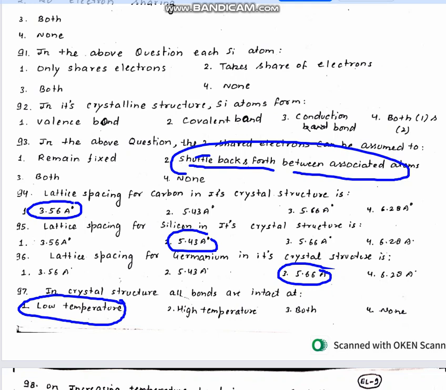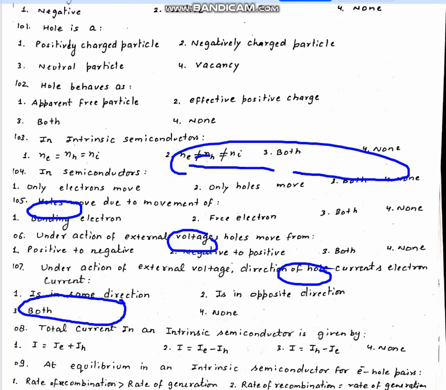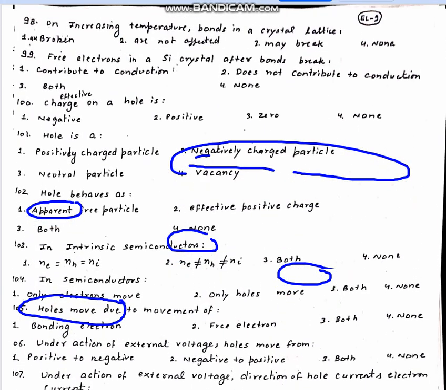Let's move to the next question. It is that on increasing temperature, bonds in a crystal lattice may break. The best option is may break away, so third is correct over here. Next is free electron in a silicon crystal after bonds break contribute to conduction.